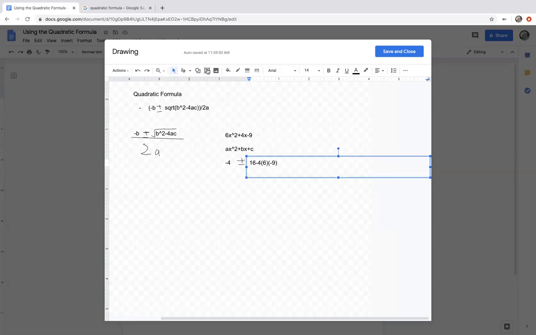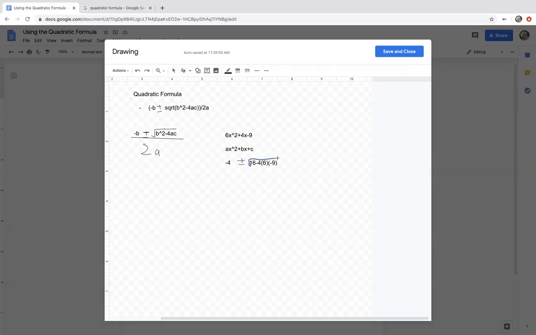And that entire thing square rooted. And then you would have all of that divided by 2 times a, and a in this case is 6.